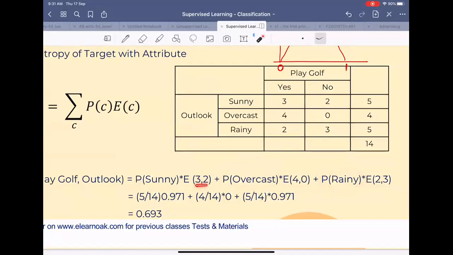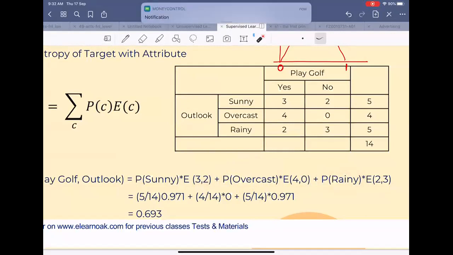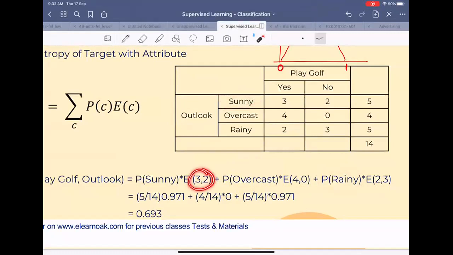When I say entropy of sunny, I'm basically saying entropy of the target with respect to sunny. This 3-2 is yes and no examples. Entropy of the target only for the sunny feature, entropy of the target only for overcast feature, and entropy of the target only for rainy feature. So this will be the formula that we are trying to evaluate.